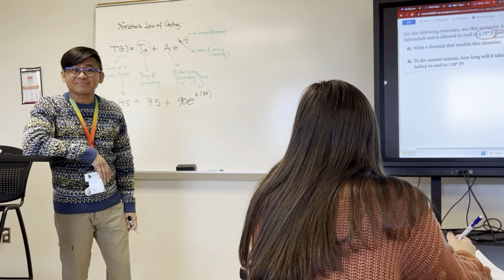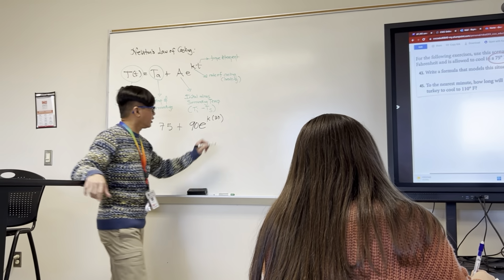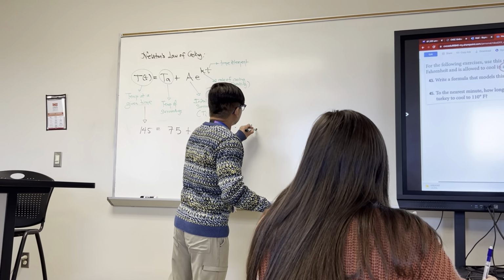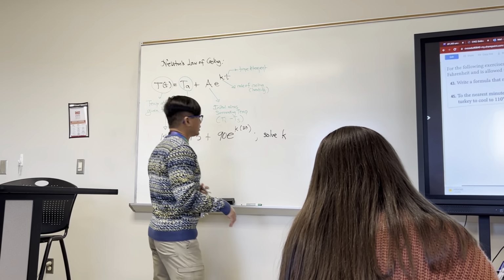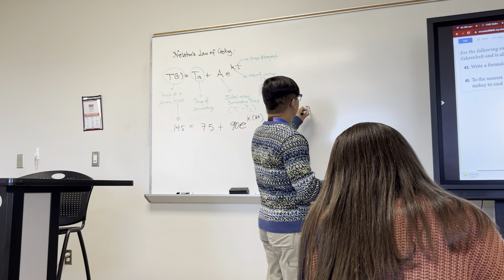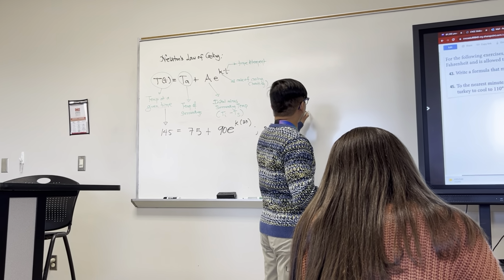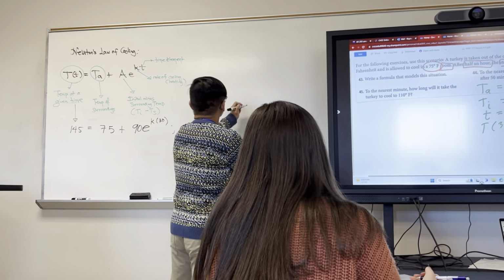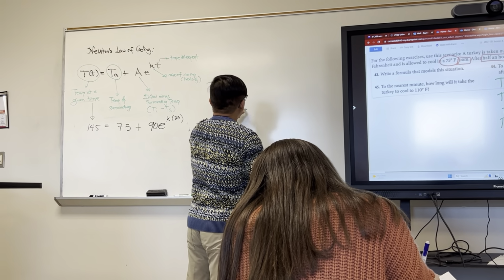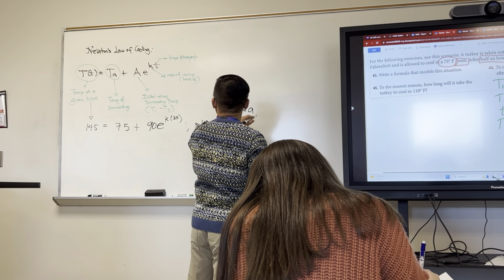Are we good? Well, let's solve for that K. Solve for this K in here. So what do we do first in here? Step number 1, write it in the form what? Y is equal to what?